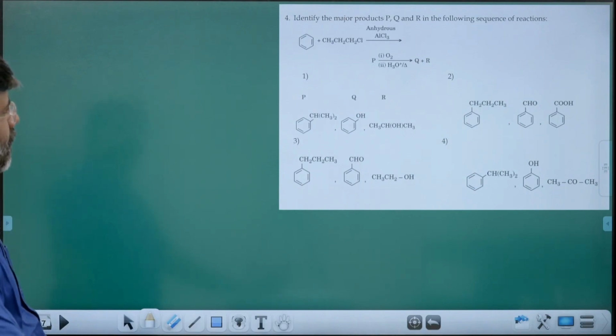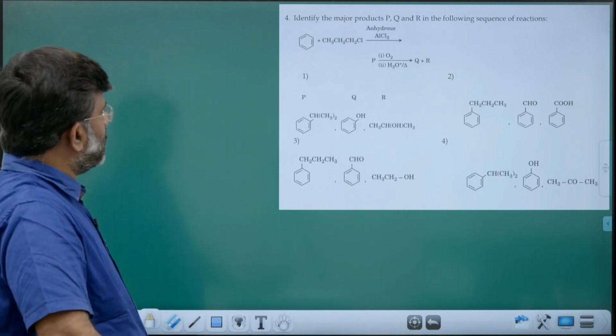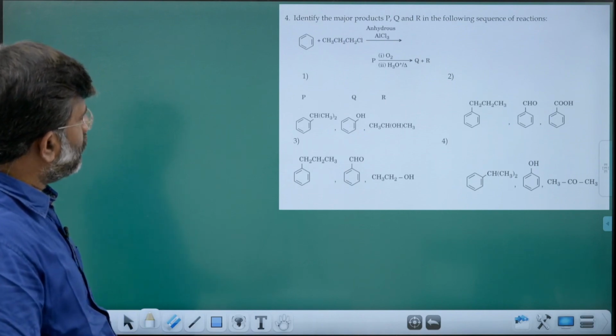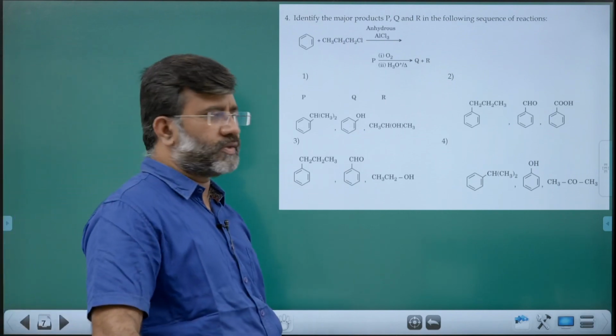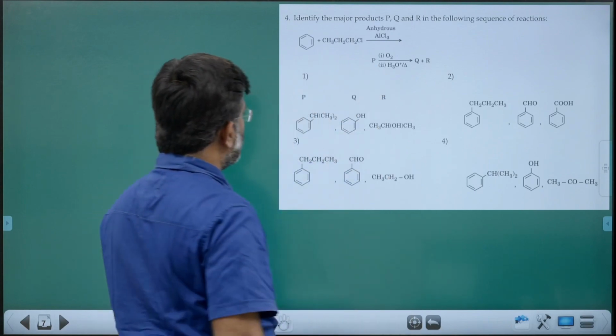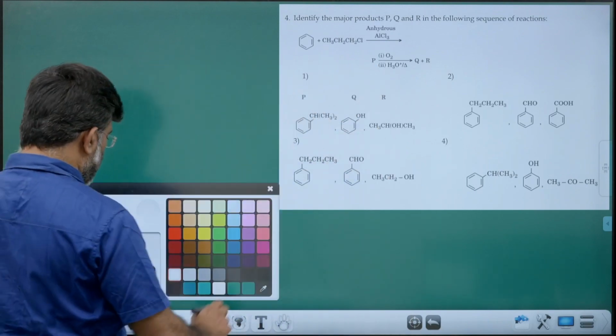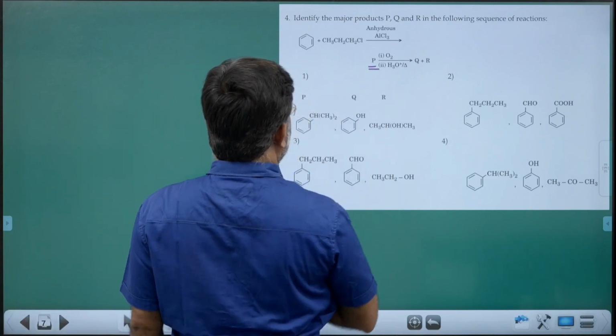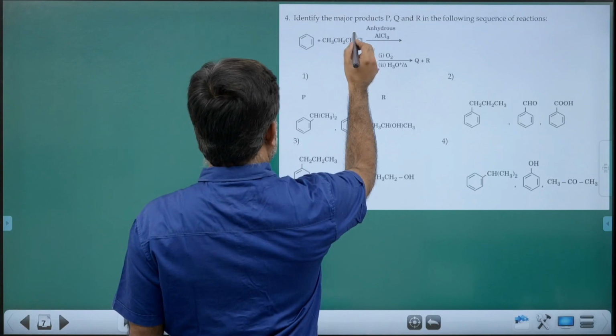Identify major products P, Q, R in the following sequence. You see benzene with normal propyl chloride. You will get isopropyl benzene, cumene. The product P is cumene, the cumene process of production of phenol. You see it is forming a carbocation.